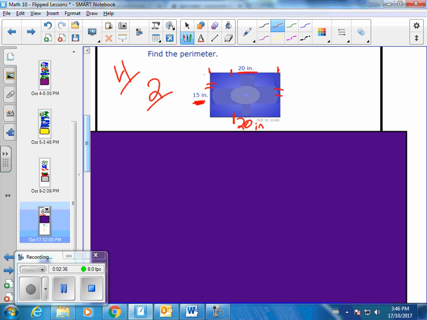Same thing over here. If this is 15 inches, this one is also going to be 15 inches. So my perimeter is going to be 20 plus 20 plus 15 plus 15 equals 40 plus 30. My final perimeter is 70 inches.